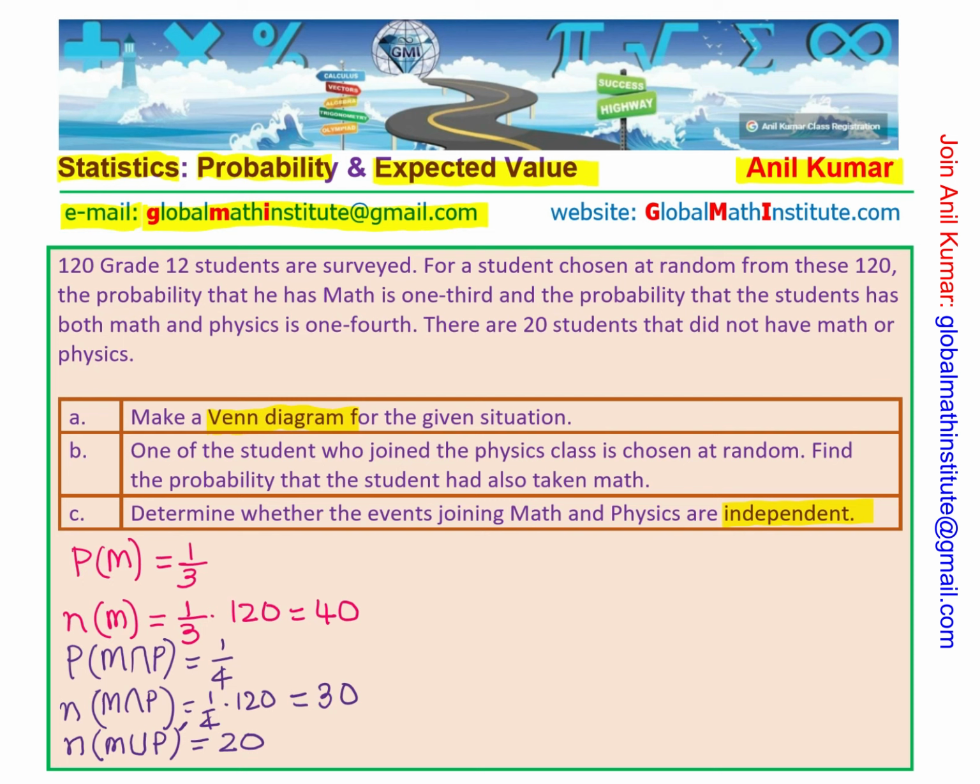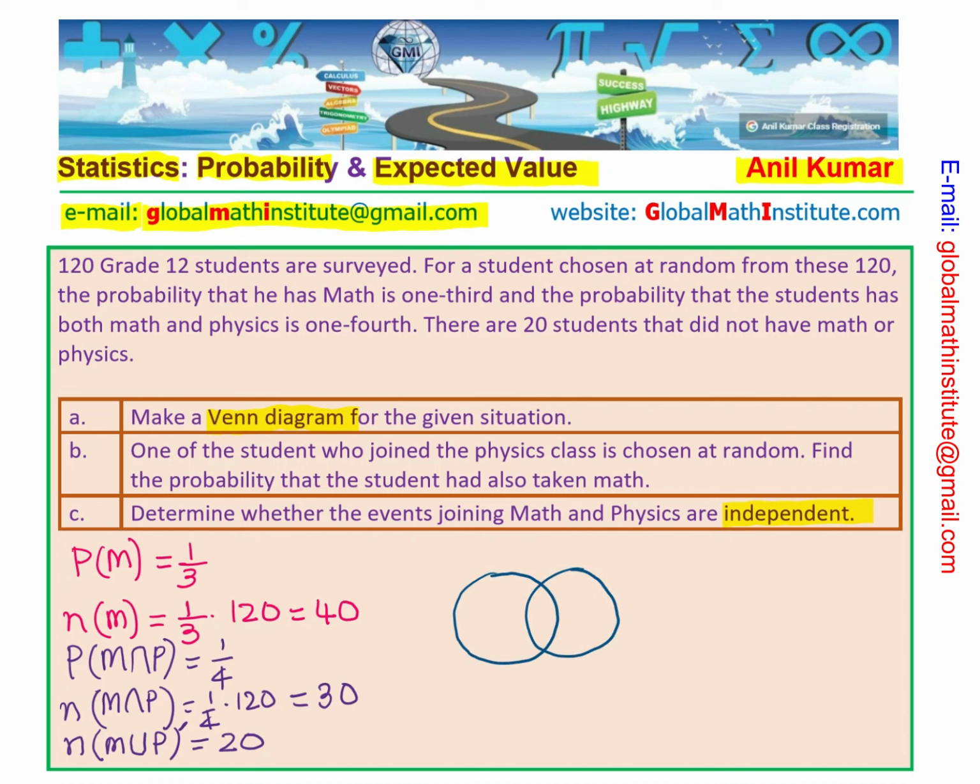Perfect. Now, based on this, it is very easy to make a Venn diagram. So, let's make a Venn diagram now. We'll have a circle for math, a circle for physics, and of course, they are overlapping. So, we'll write math and we'll write physics. We should begin from inside.